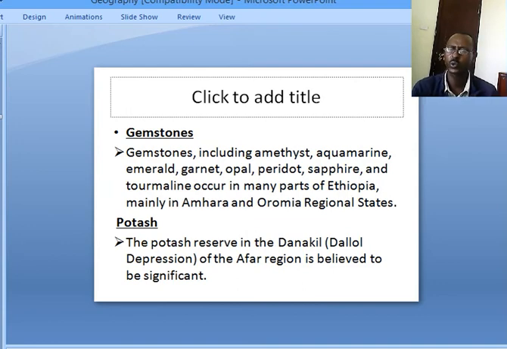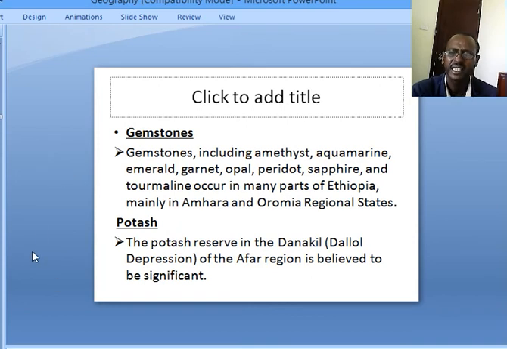Gemstones including amethyst, aquamarine, emerald, garnet, opal, beryl, sapphire, and tourmaline occur in many parts of Ethiopia, mainly in Amhara and Oromia regional states. Potash: the potash presence in the Danakil or Dallol depression of the Afar region is believed to be significant.